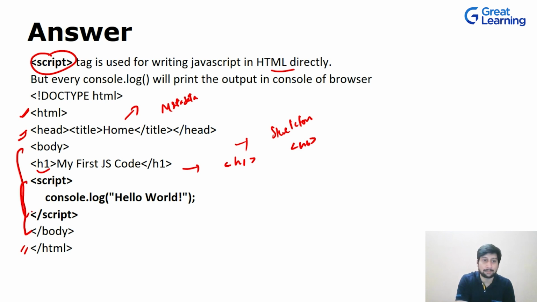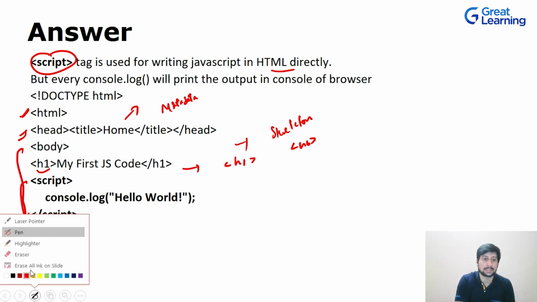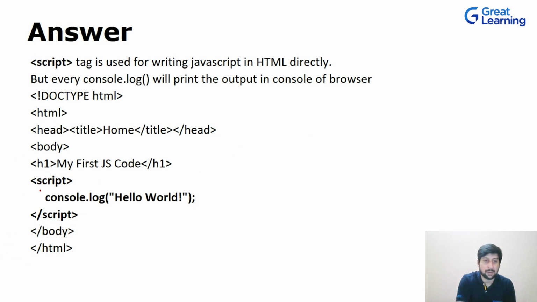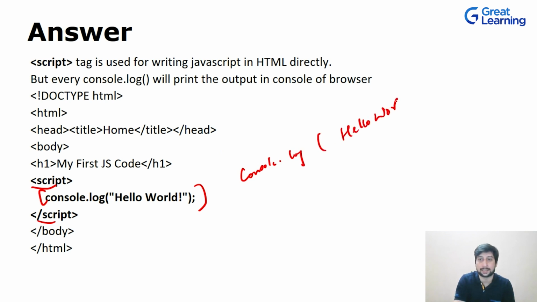And then you have the script tag over here. If you talk about this script tag, you see I have written the script and then the closing script. Then we have the statement console.log, and basically you are just printing hello world on your console. That's it. This hello world will be printed on your console, right?